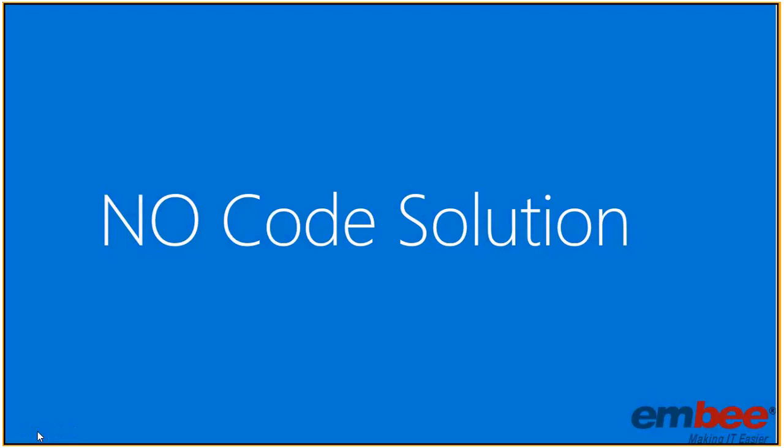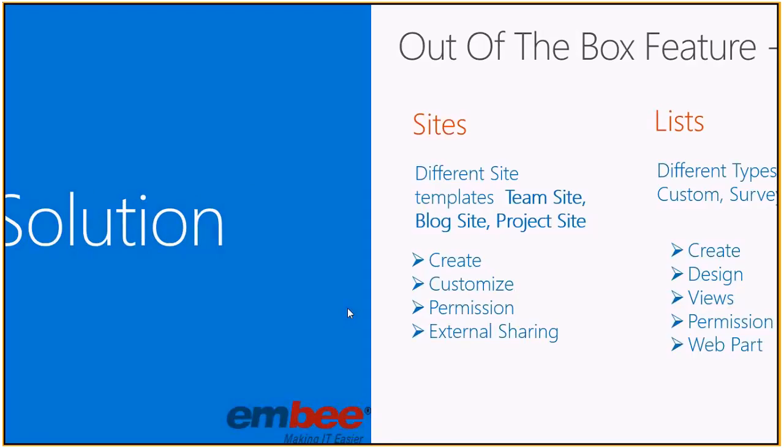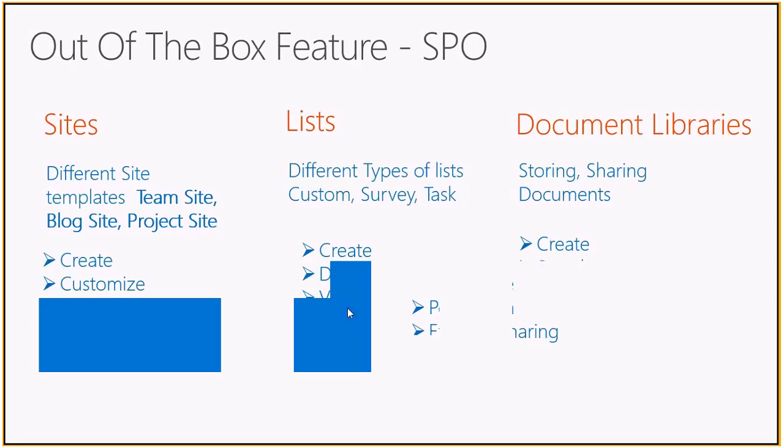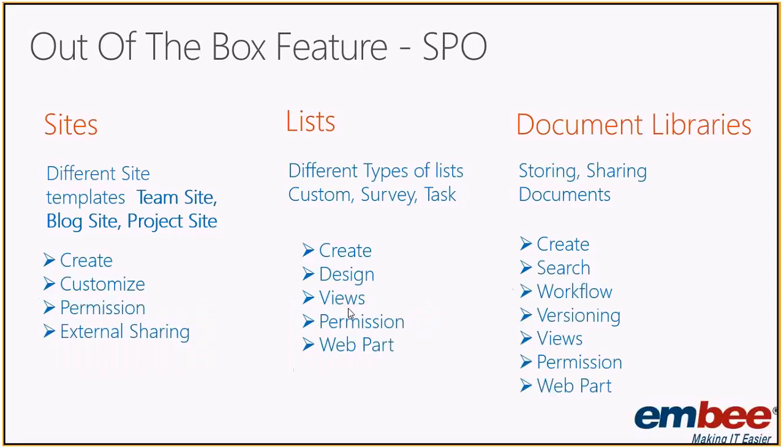First, if you want to use SharePoint Online, you can create sites, and there are different types of sites. Different templates are available for a particular site, meaning you can create a team site, blog site, or project site. There are two main apps you can use in your organization.